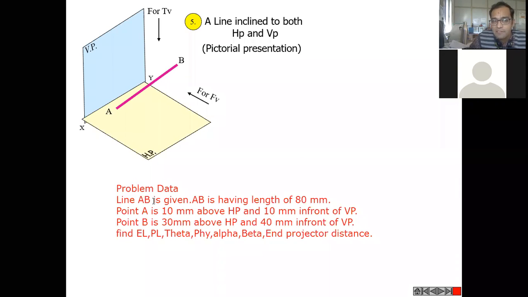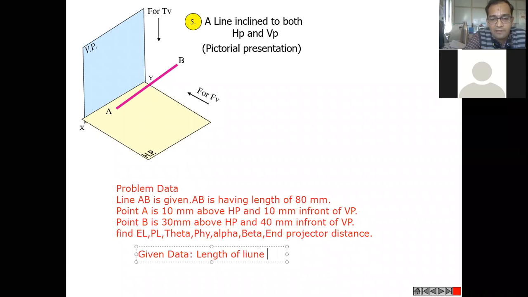So the data suggests that line AB is given and AB is having length of 80 mm. Then position of 2 points. What exactly is the data available to us, let us refer to it as the given data. What is given data?